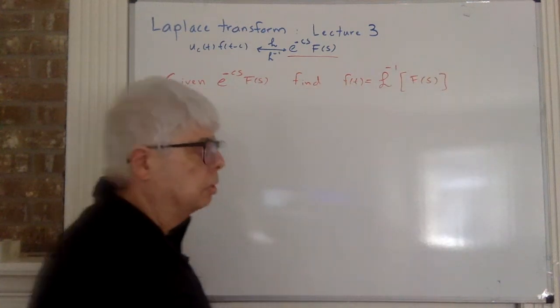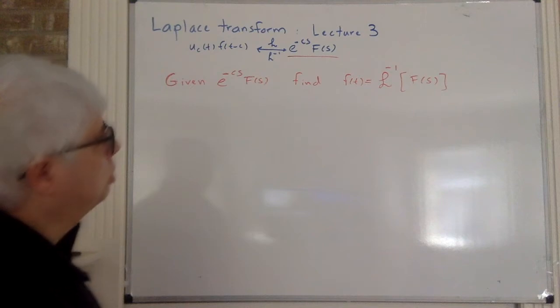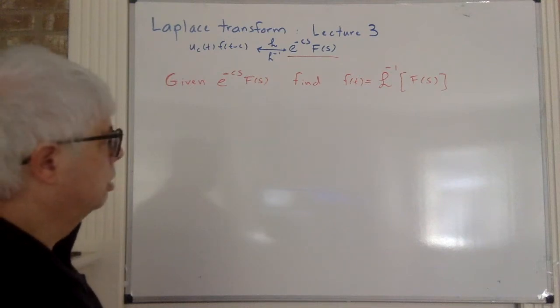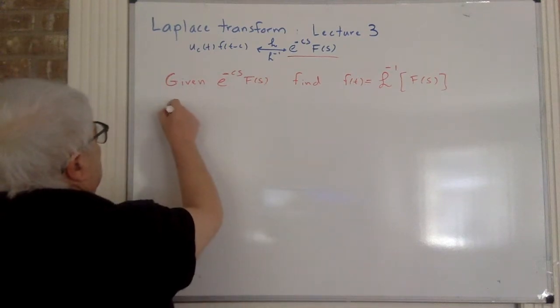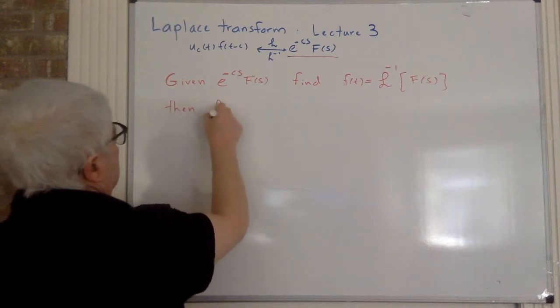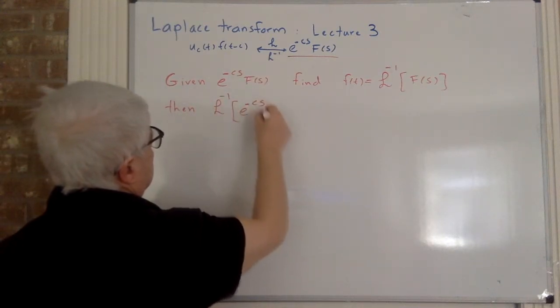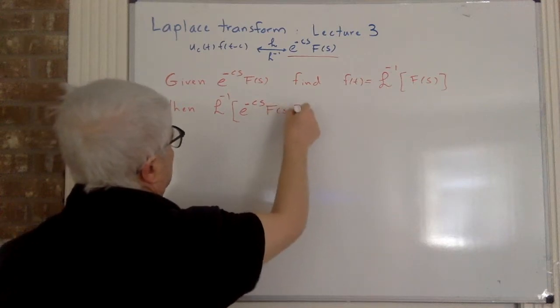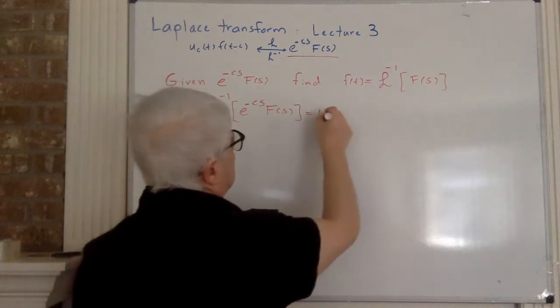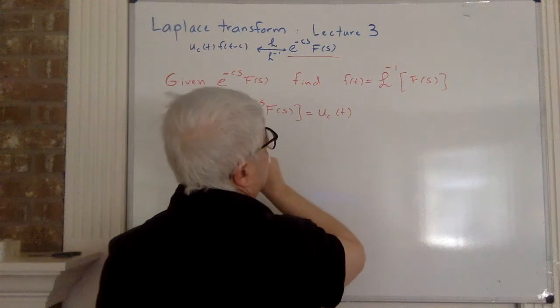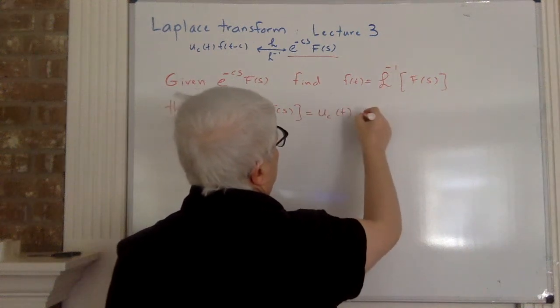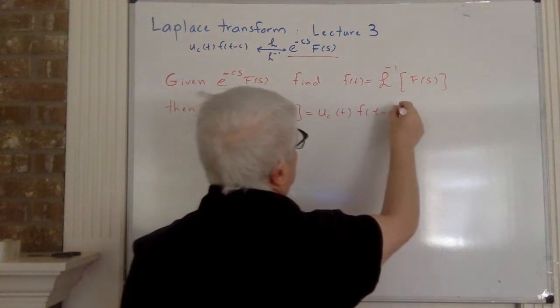Just use the table to find L inverse of F(s). Then L inverse of e to the power minus cs F(s) will be u_c(t) f(t minus c).